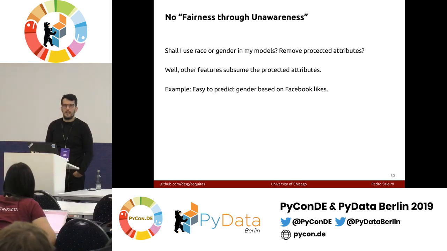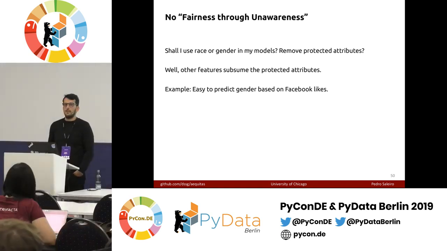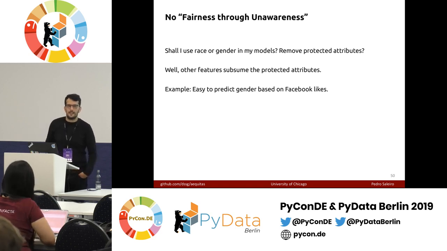A famous misconception is: shall I use race or gender in my models? If the model doesn't see it, how can it be biased based on that? Well, this is the most common misconception in this area, because often other features subsume those attributes.